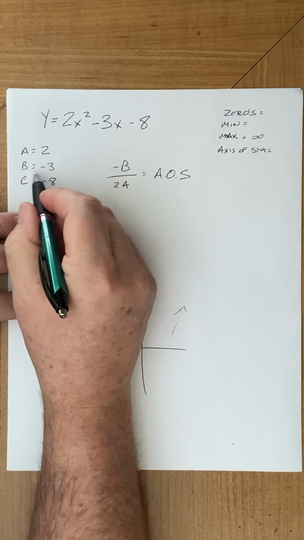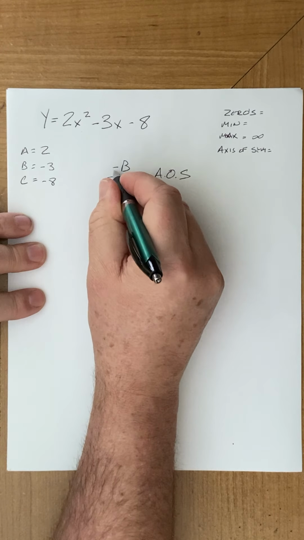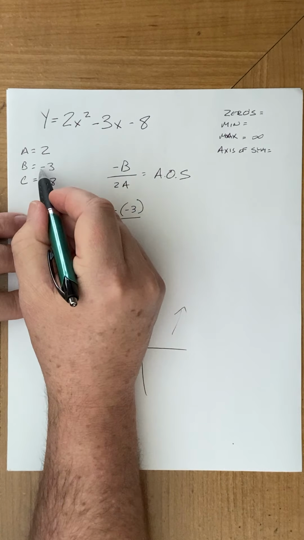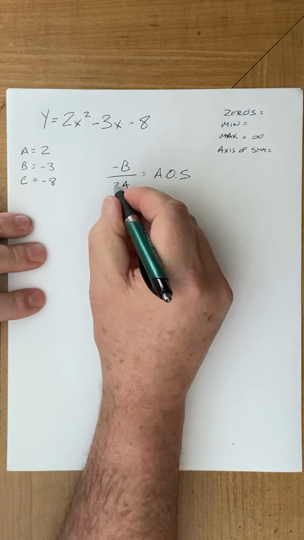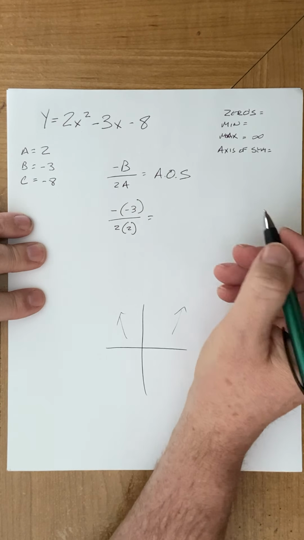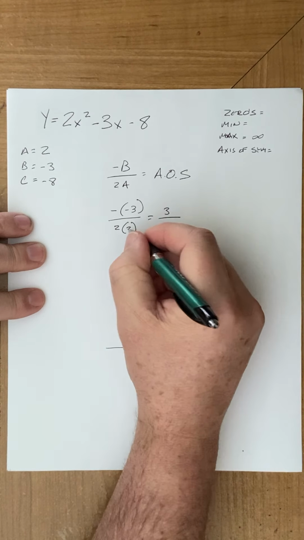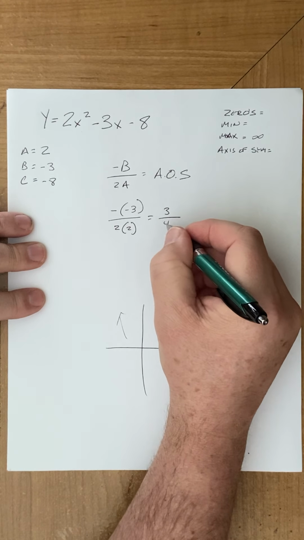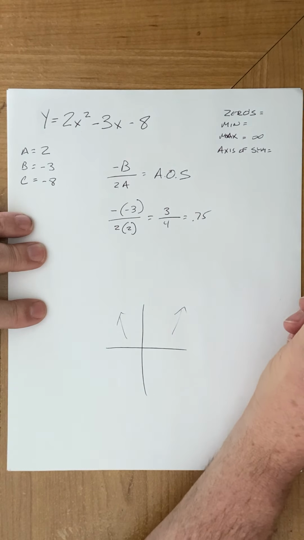So negative b, well, b is negative 3, so negative negative 3, over 2 times whatever a is, and a is 2. Negative negative 3 is a positive 3, negative times negative is positive. 2 times 2 is 4. So our axis of symmetry is 3/4, which also equals 0.75.